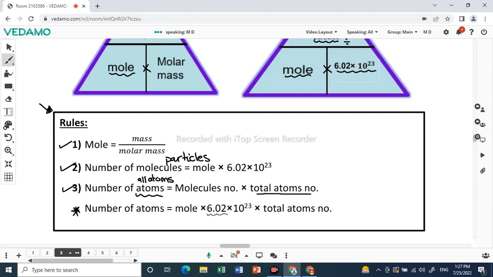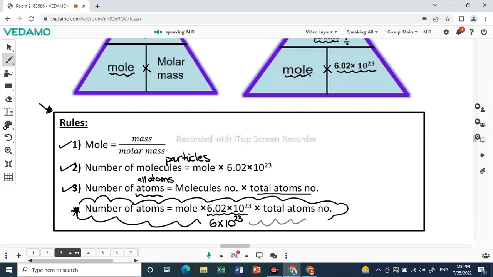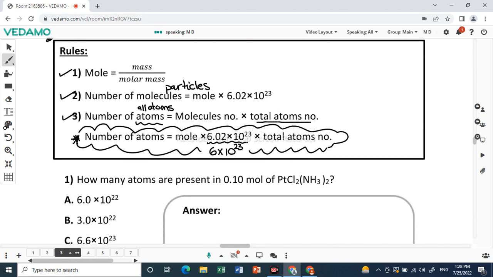Inside past paper questions for paper 1, since it's not allowed to use calculator, you can simply use 6 times 10 to the power of 23 instead of 6.02 times 10 to the power of 23. And this is what I'm going to do while applying on the calculations. I'm going to circle this rule as it is so essential and important to know it, and we will see how we are going to apply on it for the past paper questions.